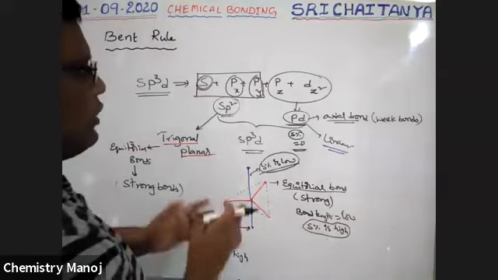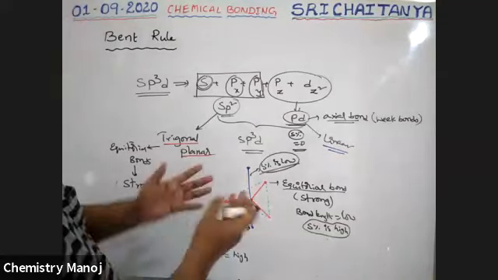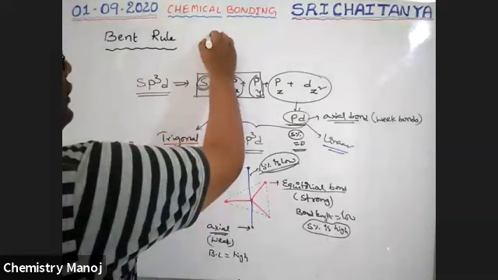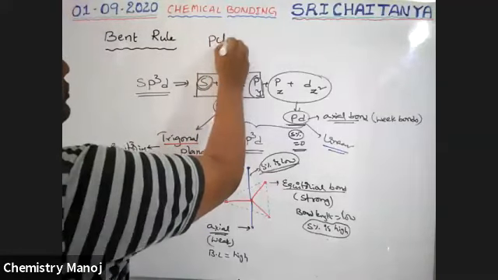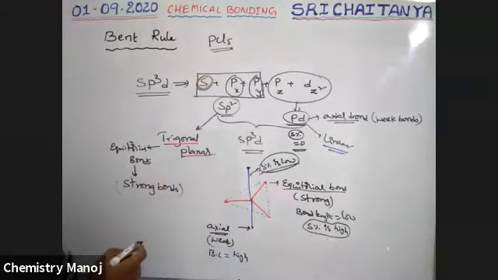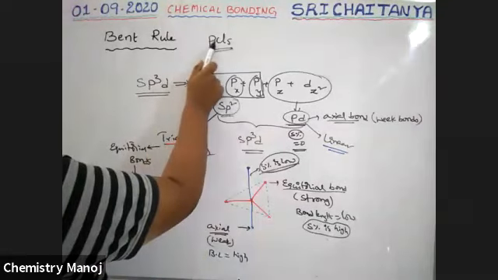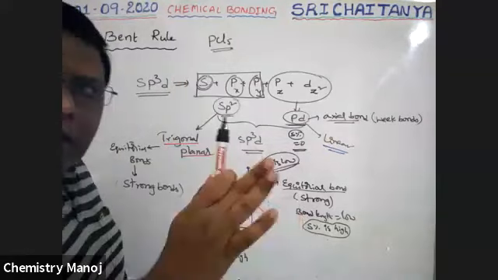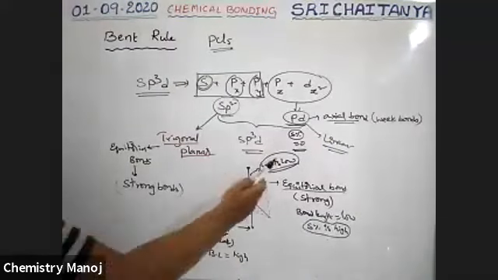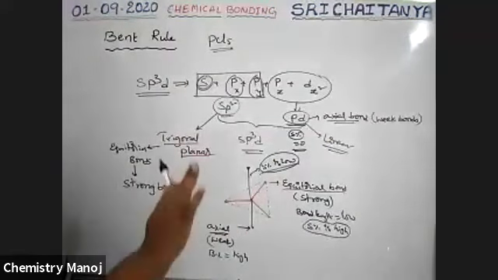Now, in this structure, what is the location of atoms? Bent's rule is mainly for different atoms attached. For example, there is PCl5. Here, one central atom phosphorus and 5 chlorines. No problem, all 5 attached atoms are chlorine, so all these positions are occupied with chlorine.